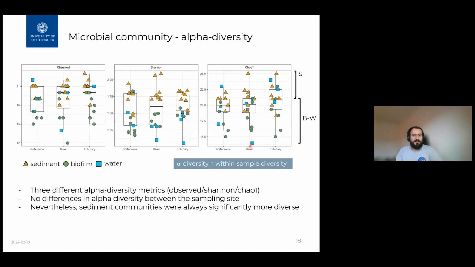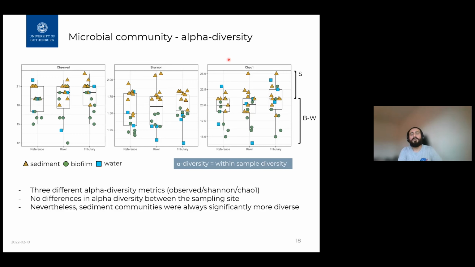Regarding the alpha diversity, which refers to the within-sample diversity, we applied 3 different metrics in order to understand the alpha diversity in our samples. We applied an observed metric, which relates to the number of species only. We applied as well the Shannon index, which reflects how many different taxa there are and how evenly they are distributed in your sample.